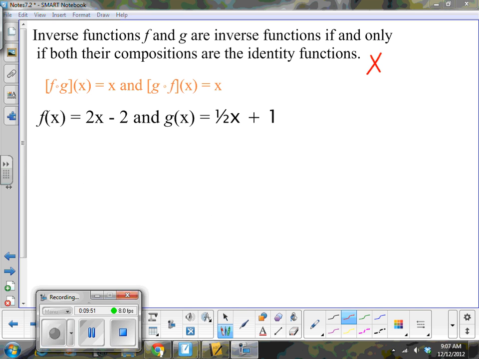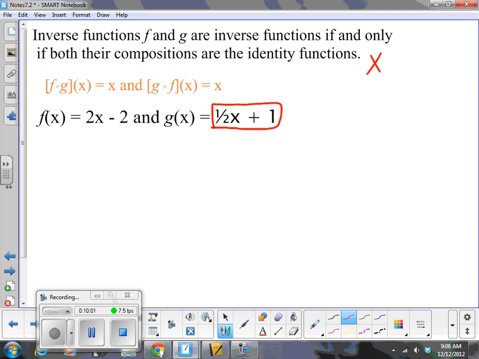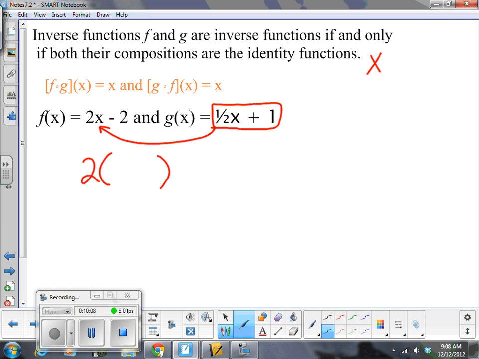Okay, so here's the composition. If we're going to compose one into the other, watch what's going to happen. It doesn't matter if I start with G and plug into F. If I take all the G stuff and plug it into the F stuff, it's going to turn into this. You guys remember this from our assignment that we just did?